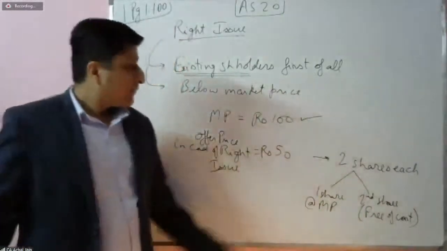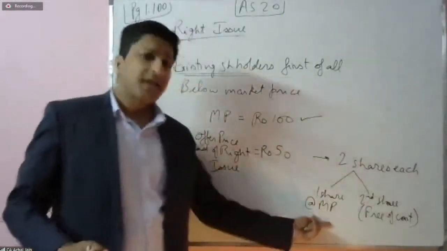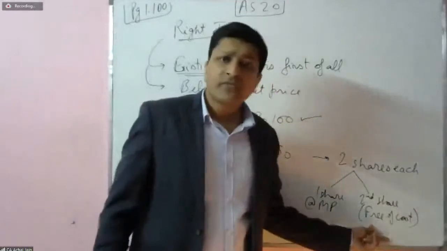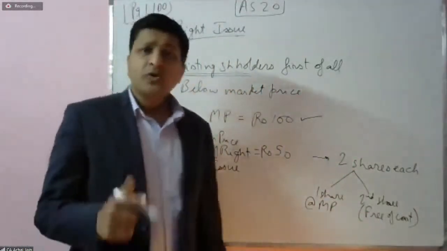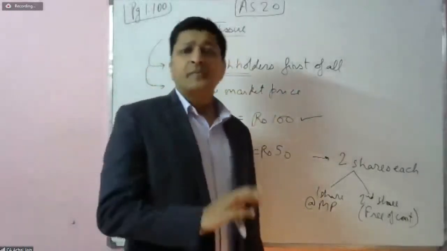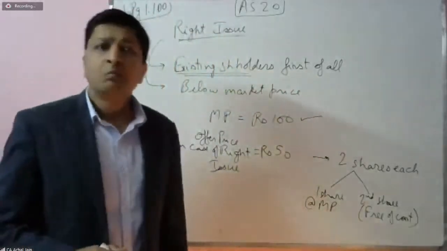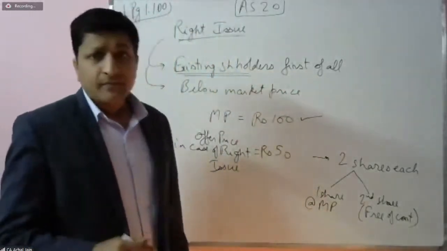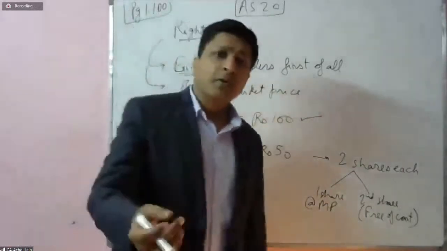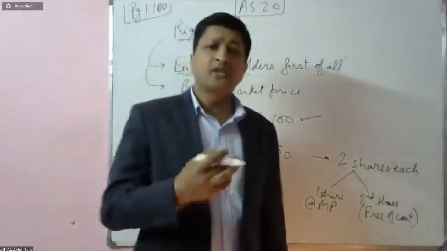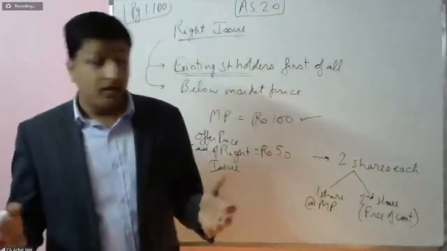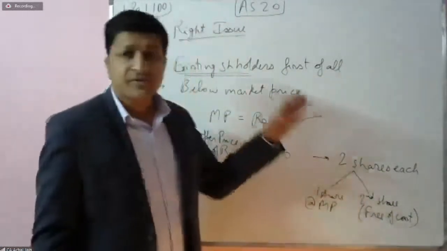In this case 50% was at market price, 50% was free of cost. So that's why in this case we can say that the bonus issue has got 50% element of bonus issue, but in some cases it may be 25%, in some cases it may be 75%, in some cases it may be 30%. It may vary depending on the pricing which will be kept.